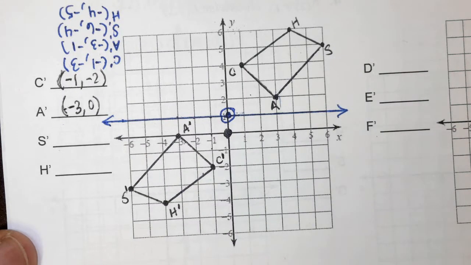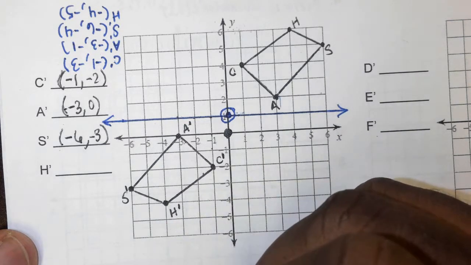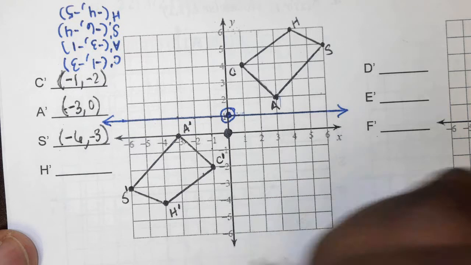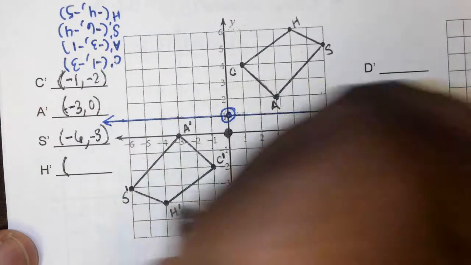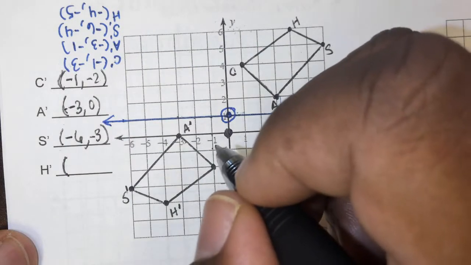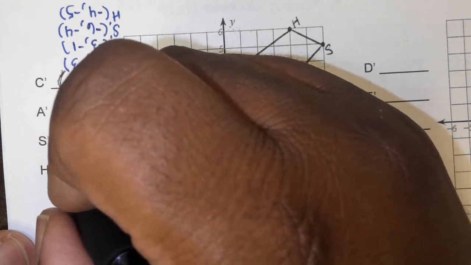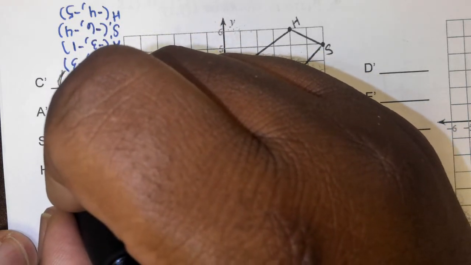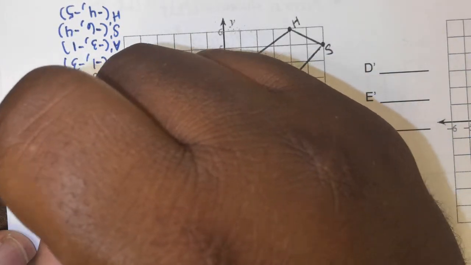S prime, Earl: -6, -3. And the last one, H prime. Try one more time. I'm trying to help now. Yeah, it's -4, -4. Check and make sure you got that on there, right?